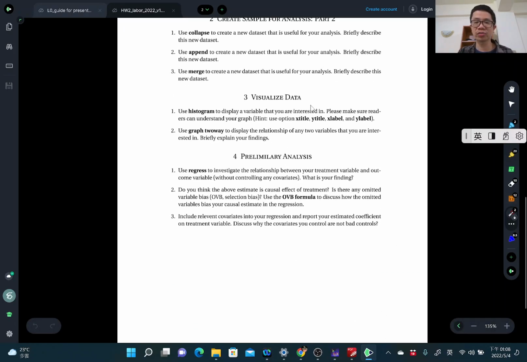And visualize the data. The first question asks you to use a histogram to display the variable you are interested in, and you need to make a graph. The second question is to use graph twoway to display the relationship between two variables you are interested in, and briefly explain your findings.